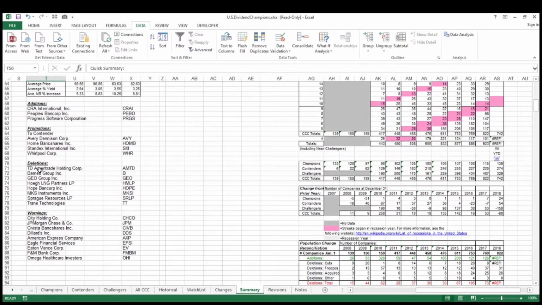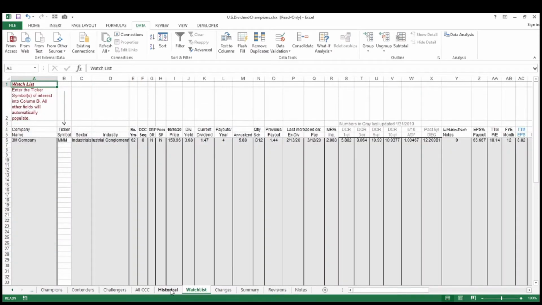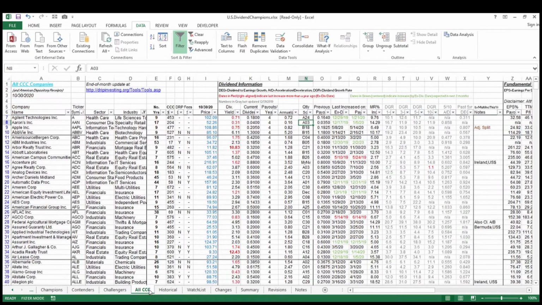TD Ameritrade was recently acquired by Charles Schwab, so that won't be on here anymore. And they do a really good job, considering all the things you have to keep up with. So this is one really good resource.